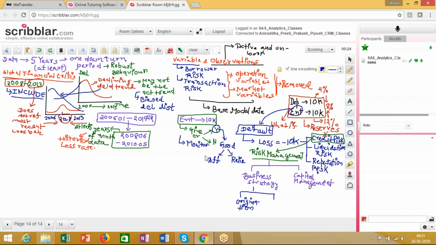So if Mr. Ambani has taken a personal loan, which is not secured by any collaterals, the bank is actually monitoring how likely it is that this guy should be given the credit, right?